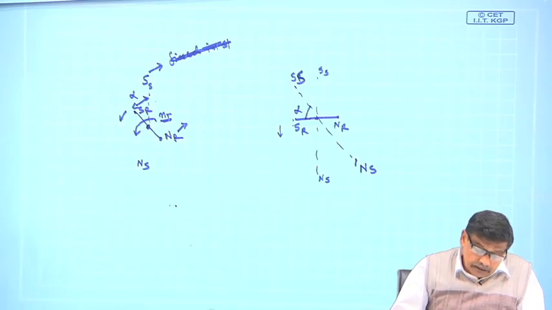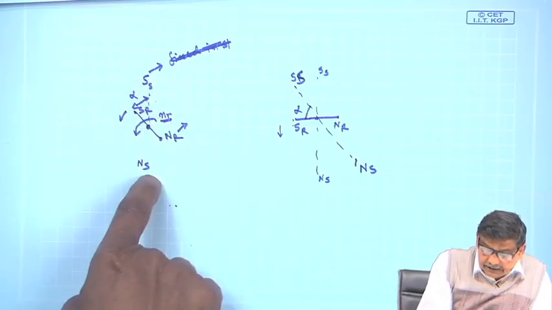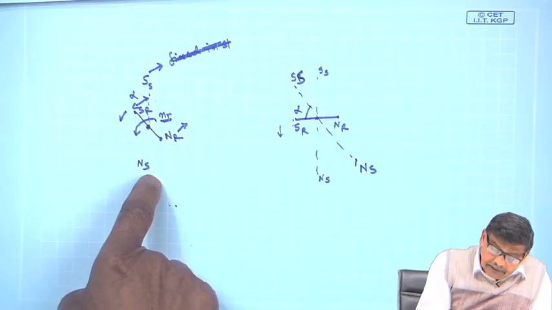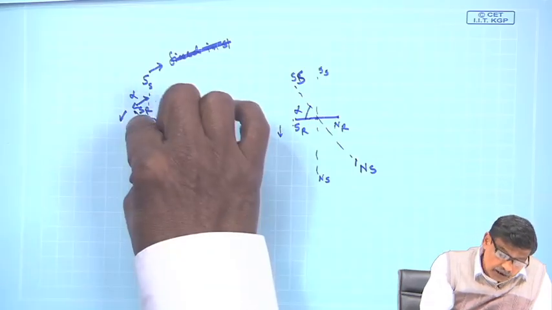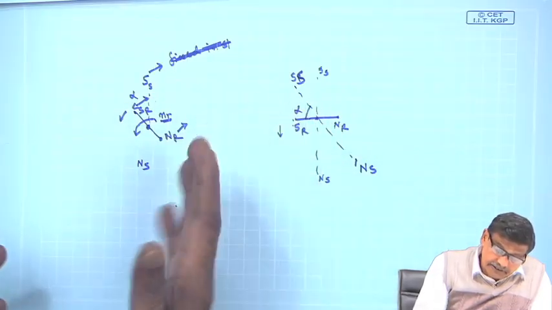I am repeating. So, SR and NR was there initially, SS and NS in this position, and if I hold it, it experiences a torque in the anticlockwise direction.